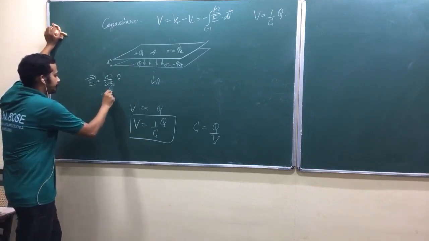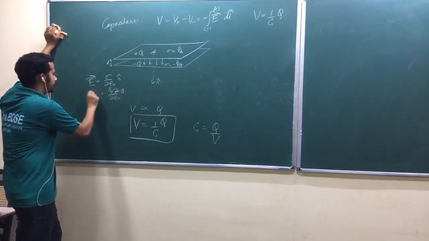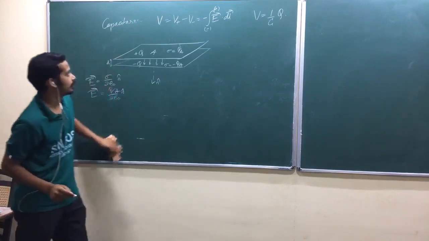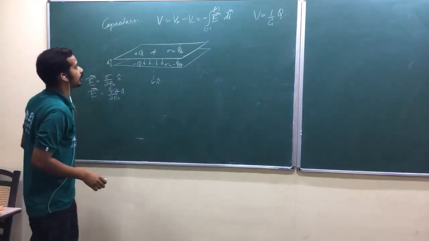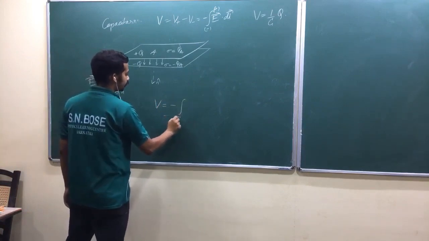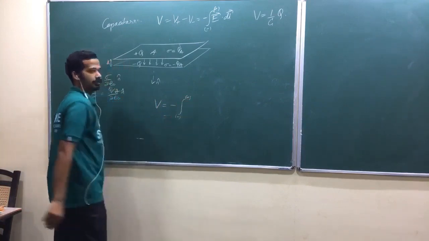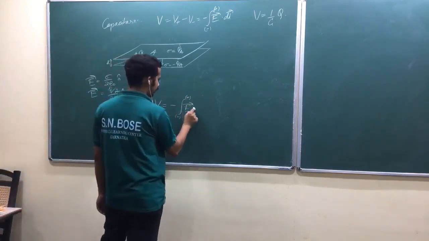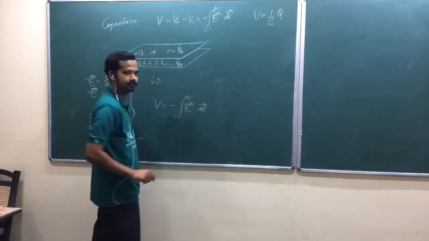Q by A by 2 epsilon naught into n cap, that is my electric field from positive plate to negative plate, isn't it? It's very simple. Now what I have to do here is, I have to do line integral from negative plate to positive plate, line integral of electric field E bar dot dl bar.